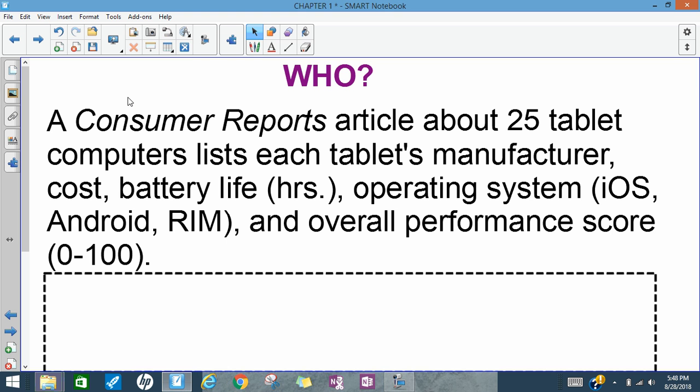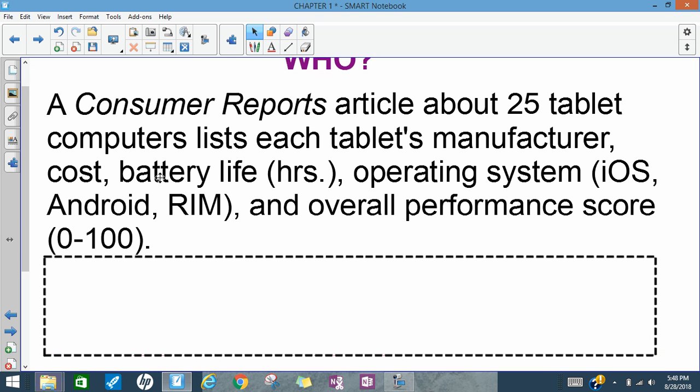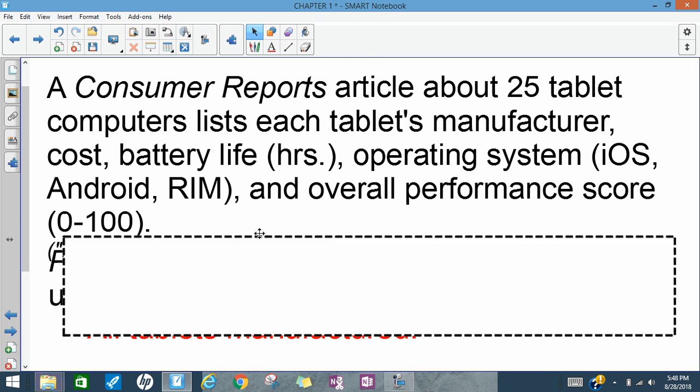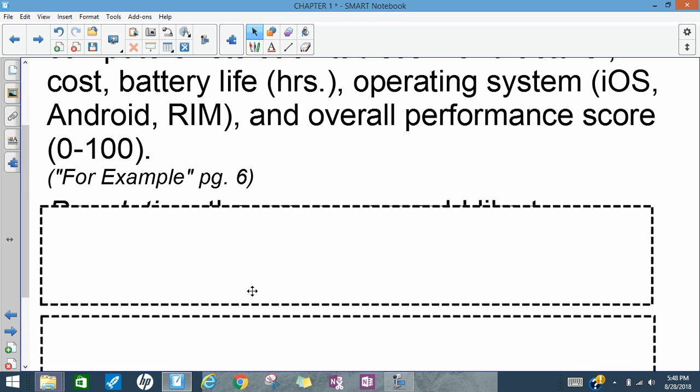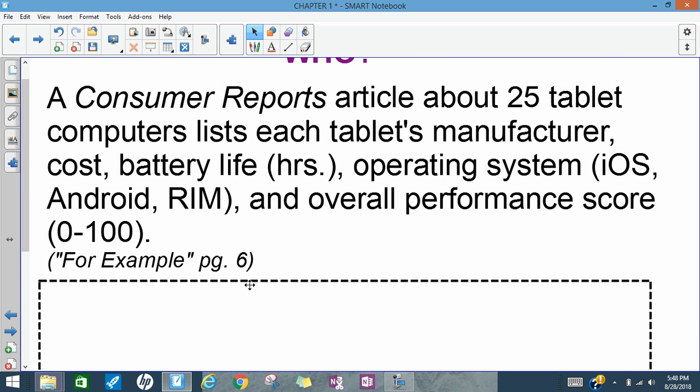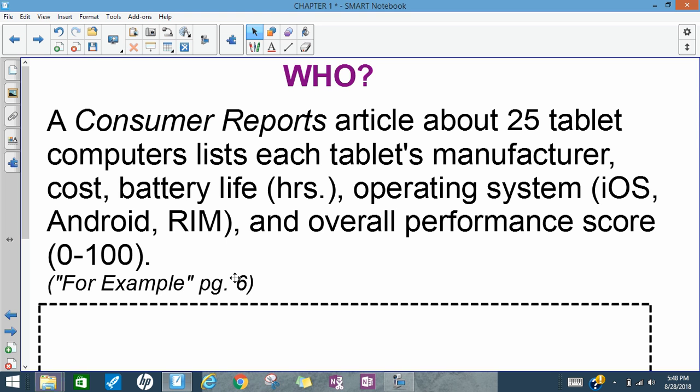So one of the first things we need to talk about is pulling out the important parts of a scenario. I took this question from page 6. It's the for example problem.